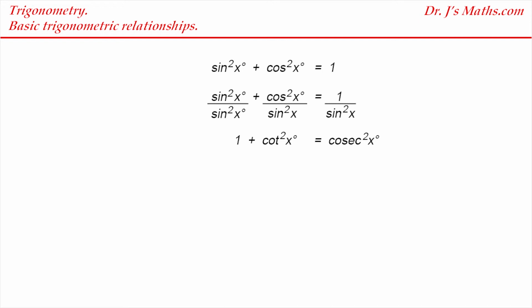So 1 plus cot squared is equal to cosec squared. Now I'm going back to our sine squared plus cos squared, and I'm now going to divide by cos squared instead of sine squared. So I've got sine squared over cos squared. We know that sine over cos is tan, so tan squared plus cos squared over cos squared is 1 equals 1 over cos squared. Our reciprocal relationship was sec squared. So here's another, our third Pythagorean relationship.